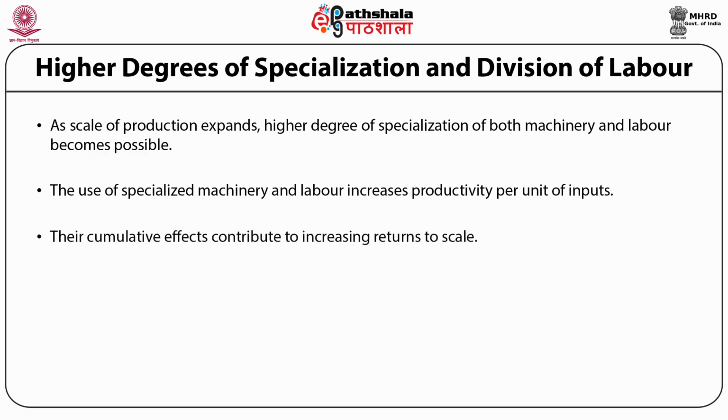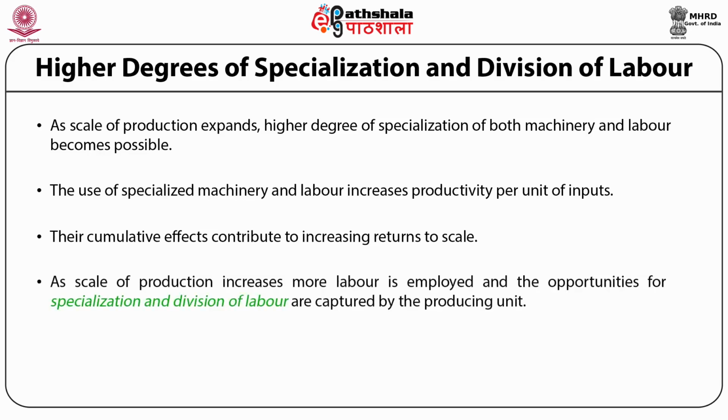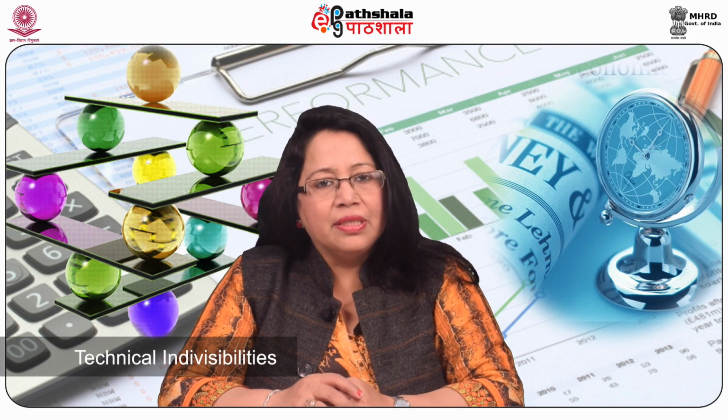Their cumulative effects contribute to increasing returns to scale. As scale of production increases, more labor is employed and the opportunities for specialization and division of labor are captured by the producing units.